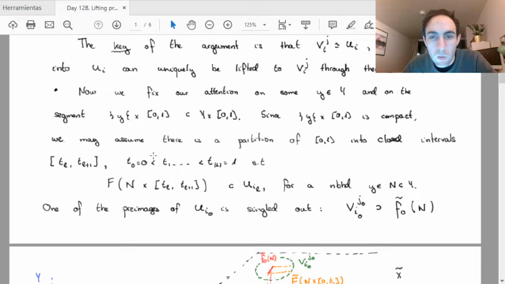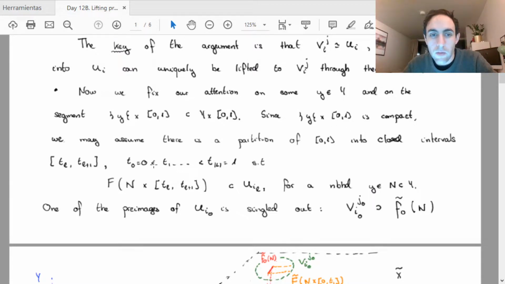Alright, so as I just said, let's freeze a y, and let's focus on the segment y times [0,1]. Now, since y times [0,1] is compact, what I can do is the following. I map the segment into X using F, and sure, there are infinitely many U_i that cover X, but due to the compactness of this interval, the following statement is true.